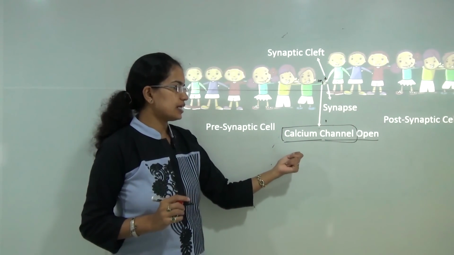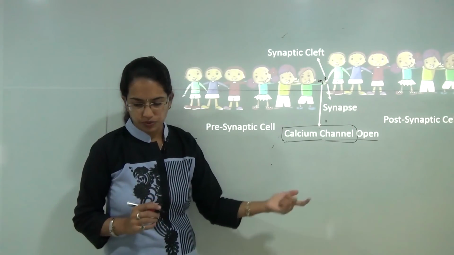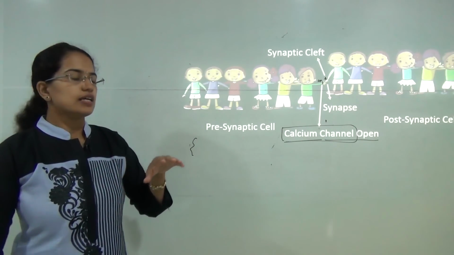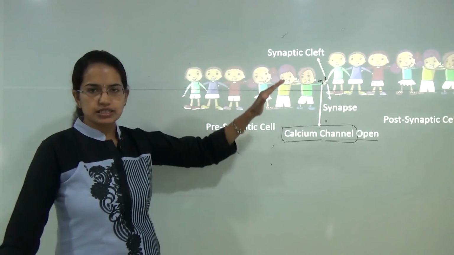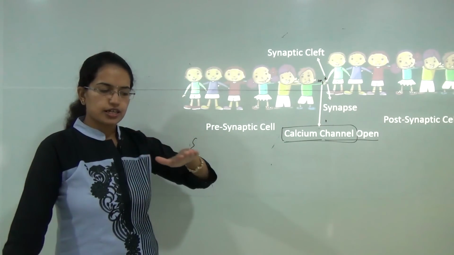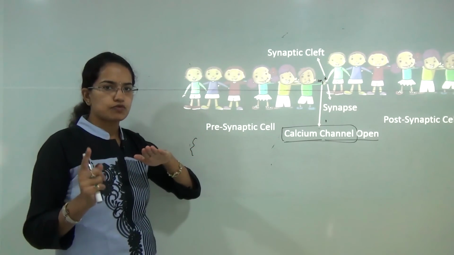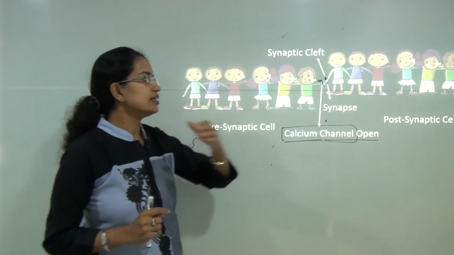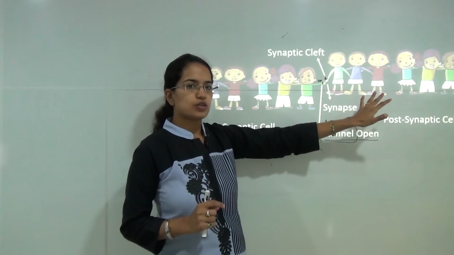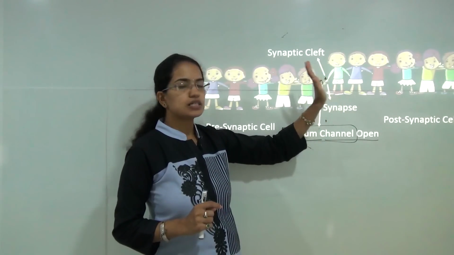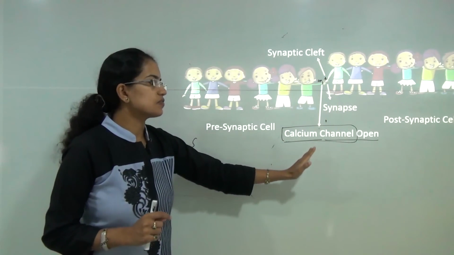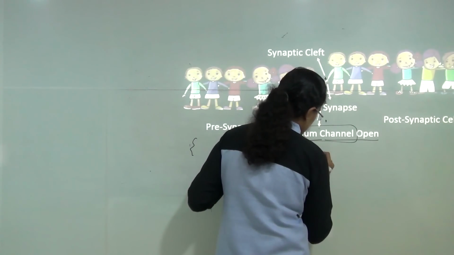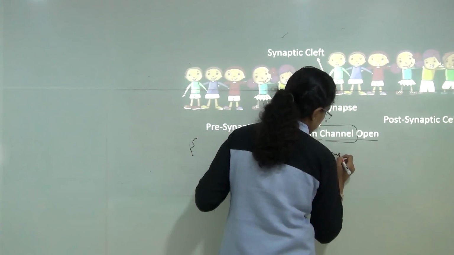As soon as the calcium channels open, calcium would rush into the cell, and the diffusion force would be predominantly active here. It would excite the neurotransmitters present in the terminal bulbs, and it would lead to the release of neurotransmitters.